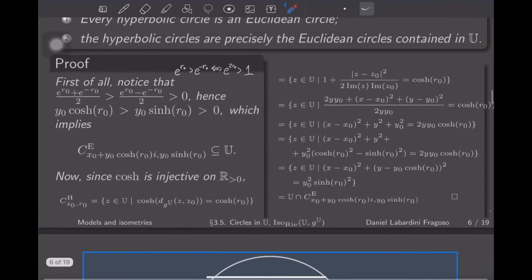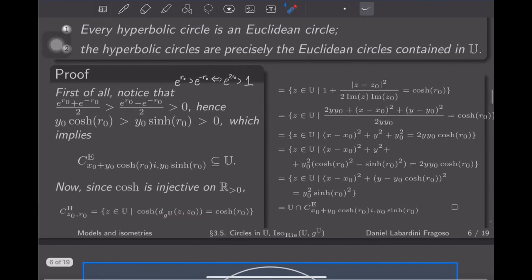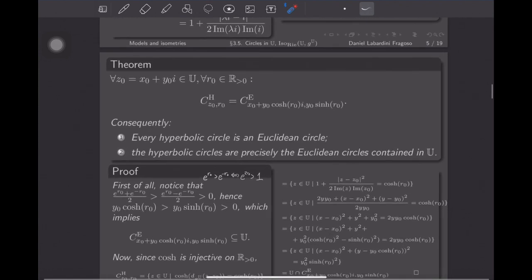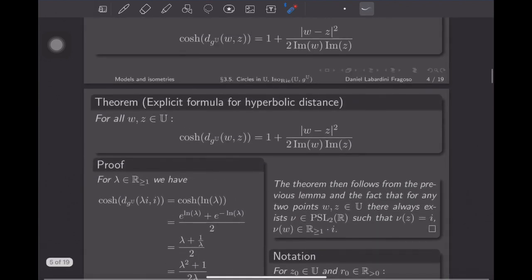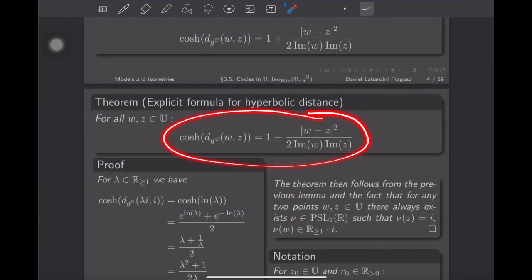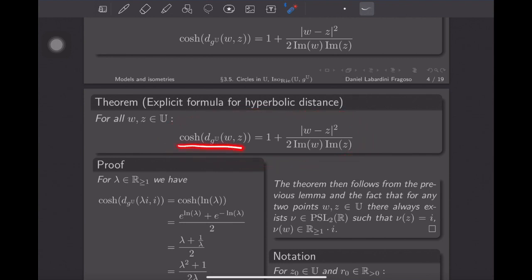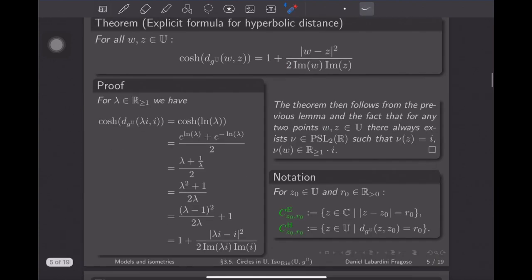Okay, now this equality, the right hand side, I leave as is. The left hand side, I substitute with my description. I have this formula which tells me the hyperbolic cosine of the distance can be replaced with 1 plus the square of the norm of the difference, over 2 times the imaginary parts.